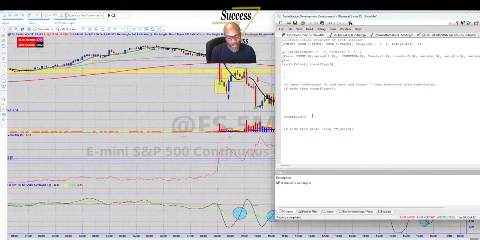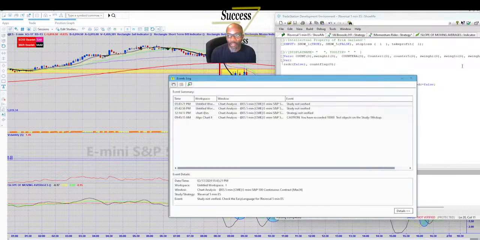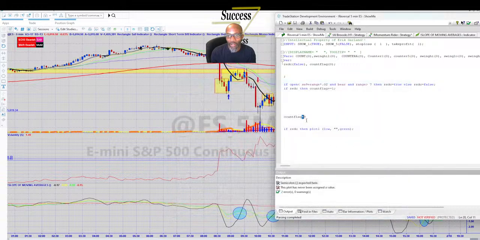So I'm going to leave the semicolon off, declare it, and then it'll give me an error. Now that I have an error, I'll know that I need to come back and make sure that I reset this count in the right place. But for right now, I know it needs to be reset. I'm just not sure where it needs to be put in the logic, in the algorithm, so in the order.